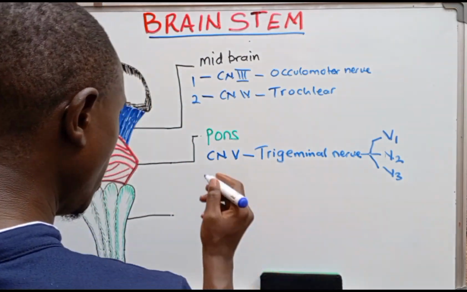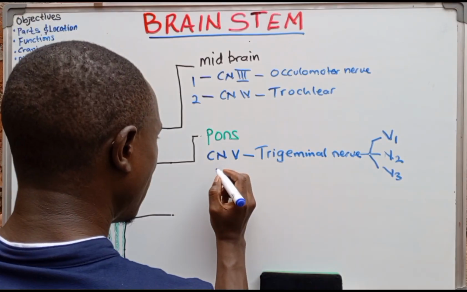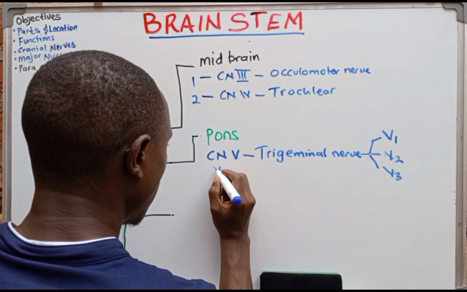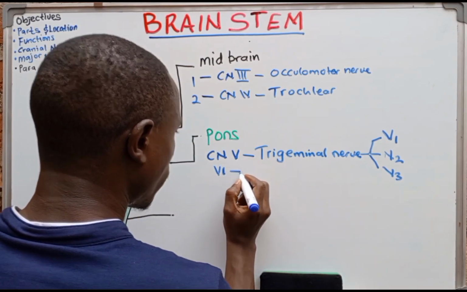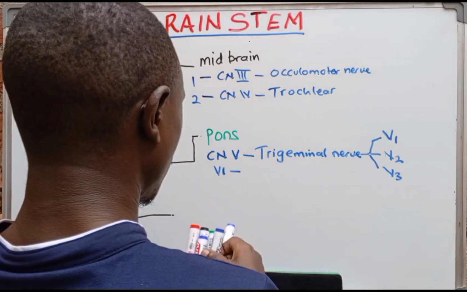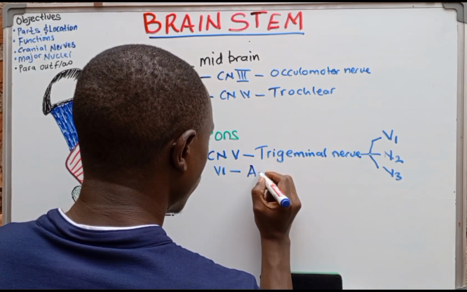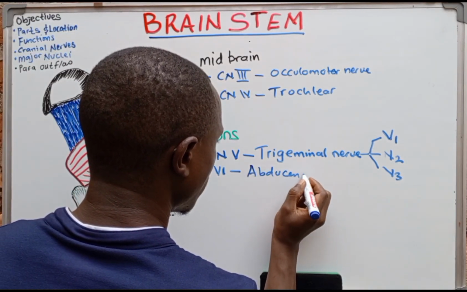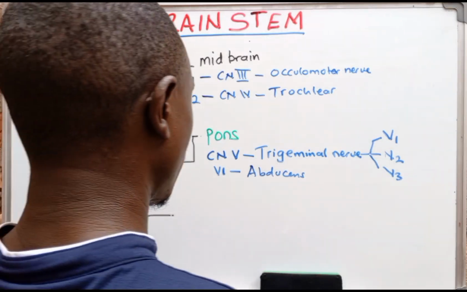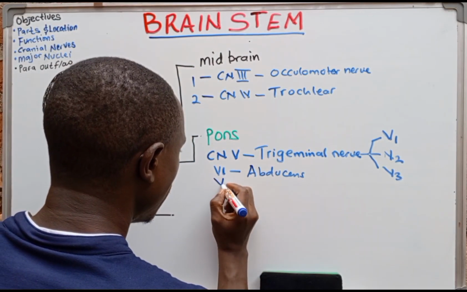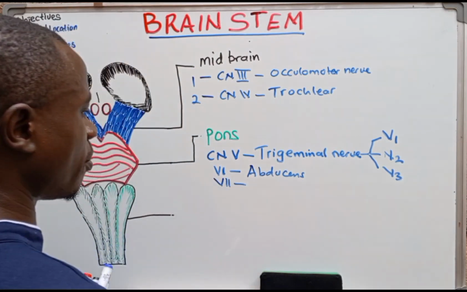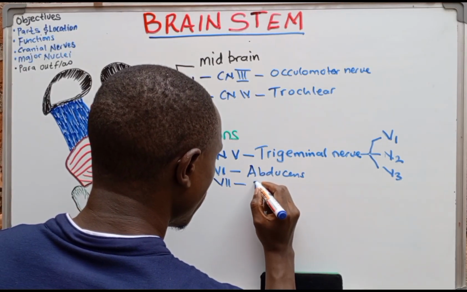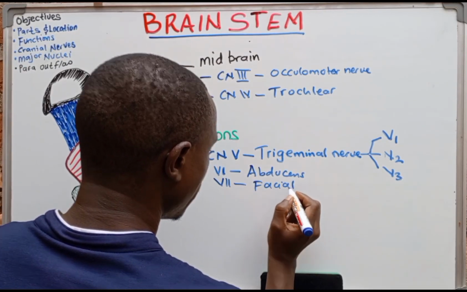Okay, so again, in the pons, you're going to be having cranial nerve number 6, which we call the abducens. We are also going to be having cranial nerve number 7 coming from the pons, which we call the facial nerve.